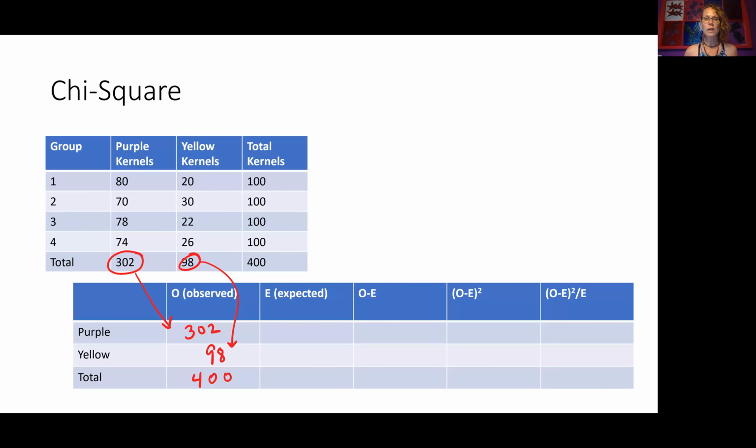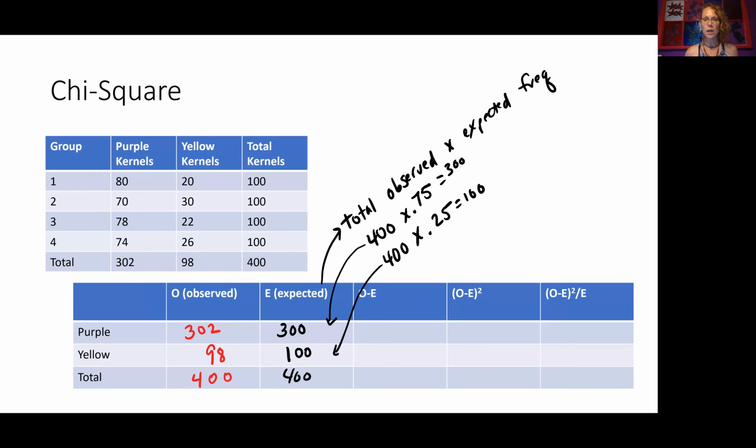Okay, then we need to put in our expected values. Remember, expected is based on our Punnett Square, based on our hypothetical model of Mendelian genetics and complete dominance. We've observed a total of 400, so we expect 75% of those to be purple.